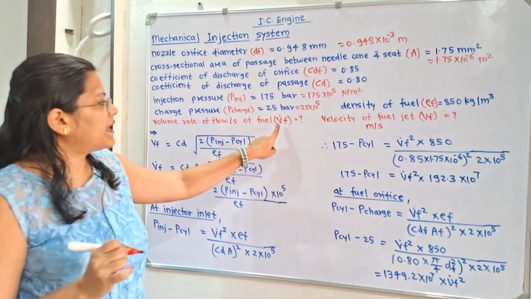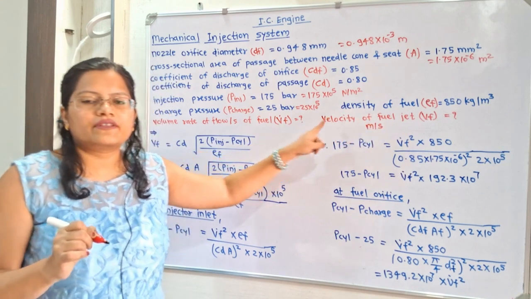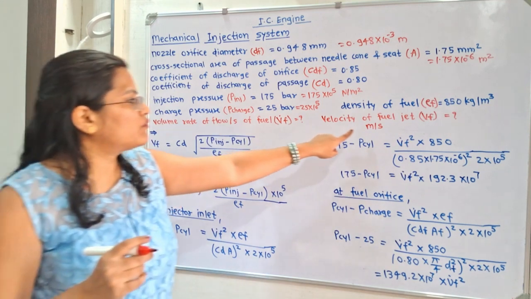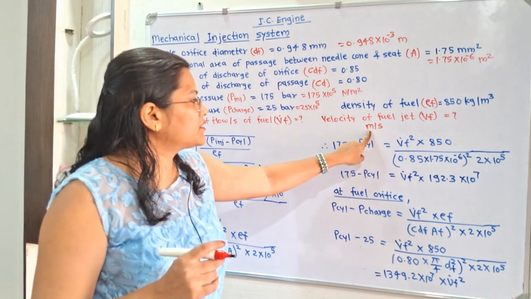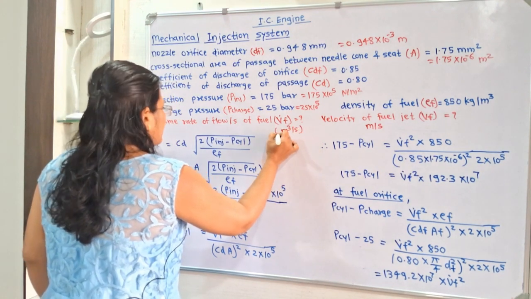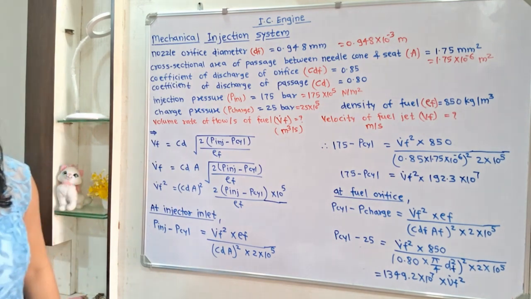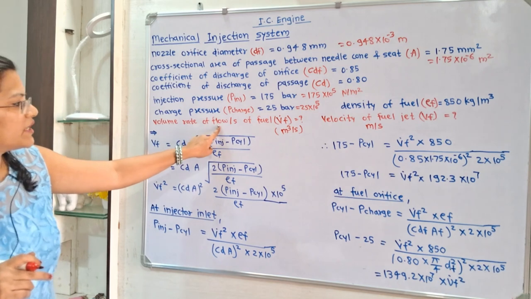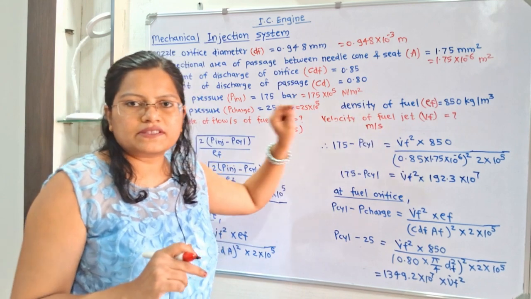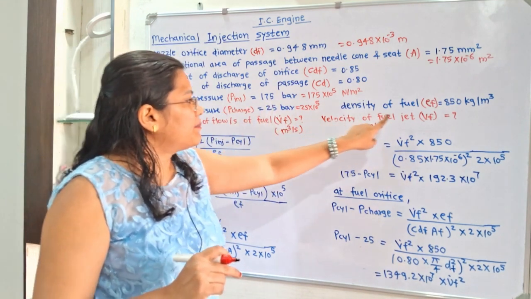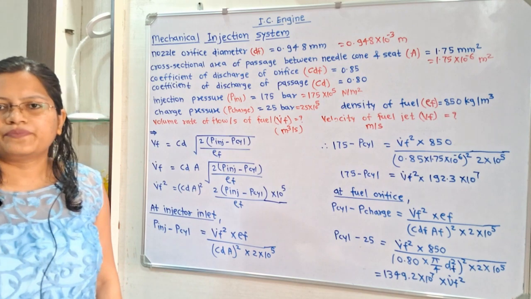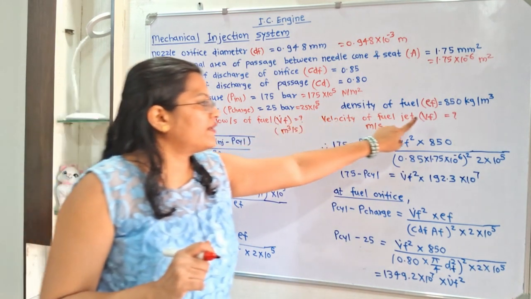When we multiply Vf with area, meter square, it becomes meter cube per second, which is nothing but the volume rate of flow. So we have to find the volume rate of flow in meter cube per second and the velocity of the fuel jet in meter per second. When we multiply Vf with area A, we get V dot F.